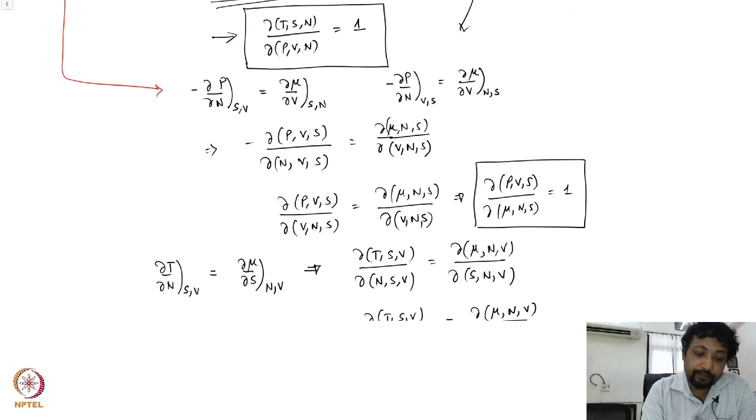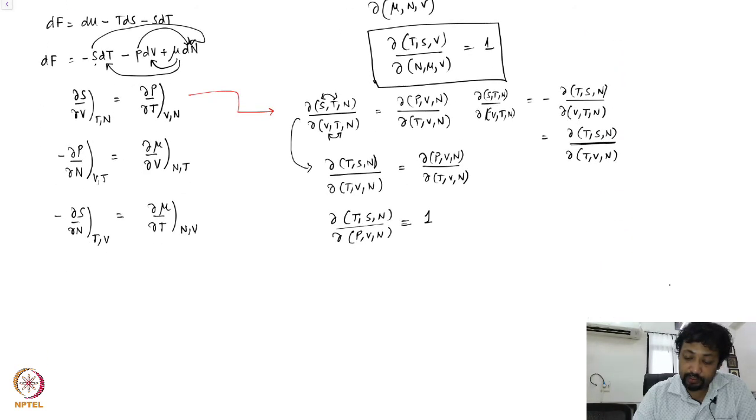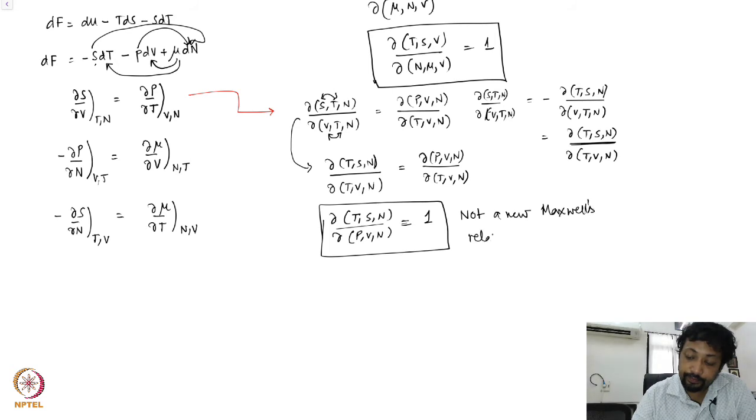Look at this. This equation is del of TSN, del of PVN equal to 1. So this is not a new Maxwell's relation.